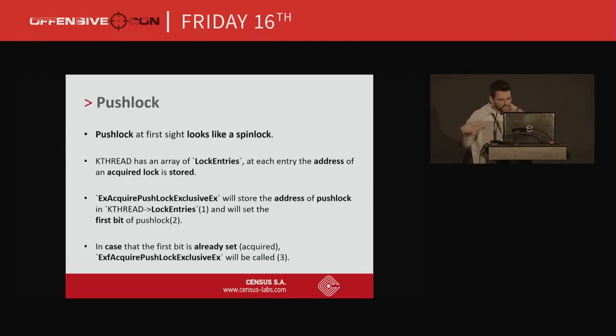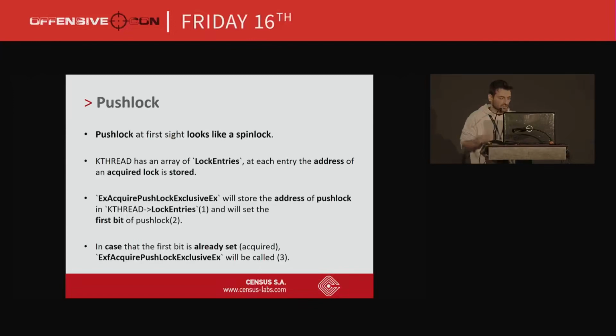A push lock looks like a spin lock in a sense that when we acquire a push lock, the value of the push lock becomes 1, and when we release it, it goes back to 0. The k-thread data structure has an array of lock entries, and at each entry, the address of an acquired push lock is going to be stored.